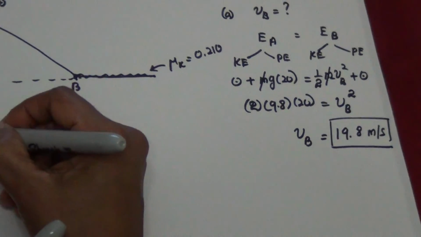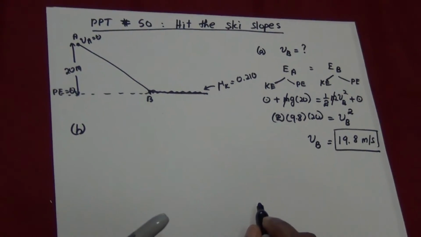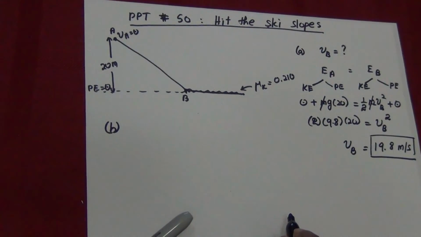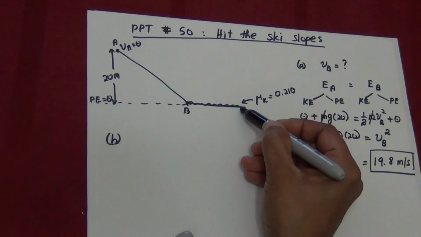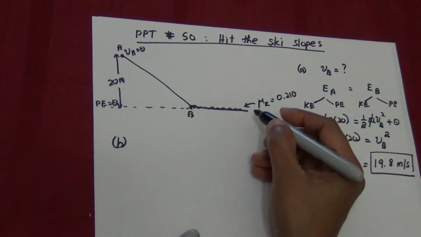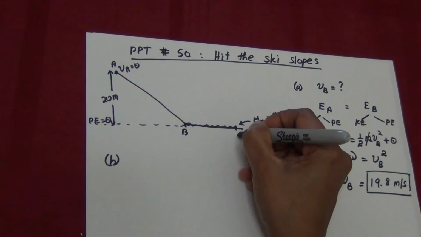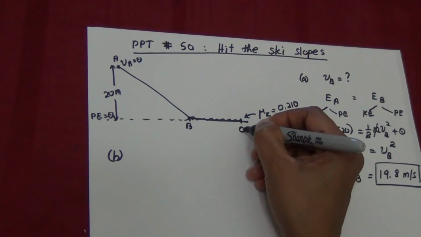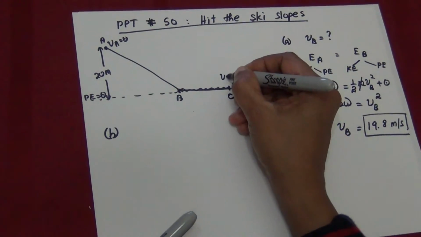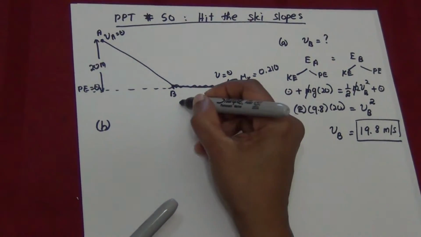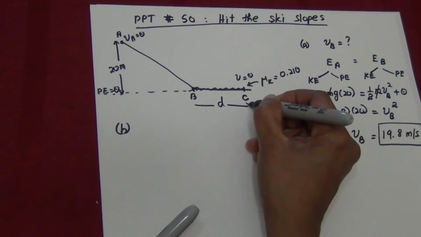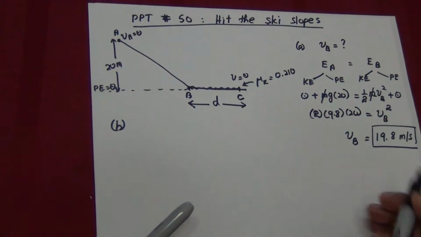But the second part, or part B, they asked how far does the skier travel on the horizontal surface before coming to rest. So let's assume that at C, the velocity becomes 0. In the diagram they have given this distance as d, so let's use that.